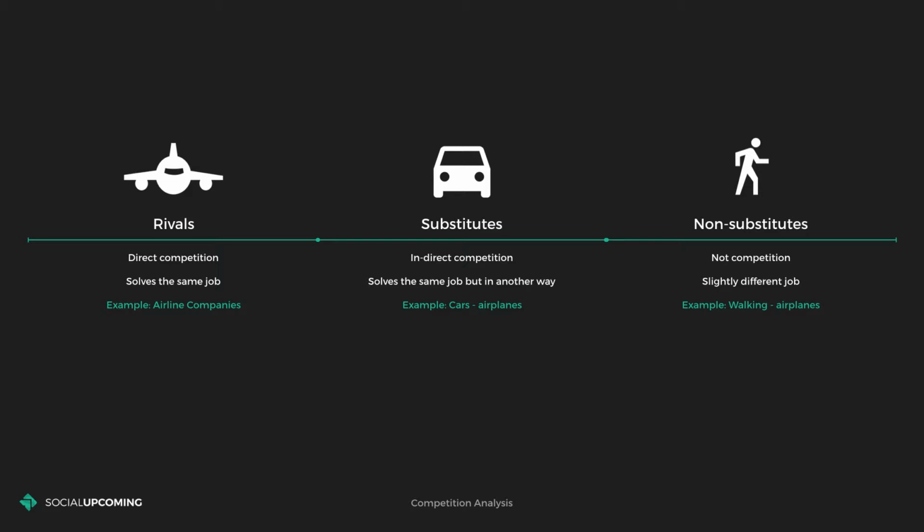But the substitutes would be cars, and actually also trains and motorbikes, because you will also be able to travel from LA to New York by car, but it would take a lot longer time. It's also the same job, but in another way. You get from A to B, but it takes a lot longer time. So plane would be the best solution. Then you have the non-substitute, which is walking.